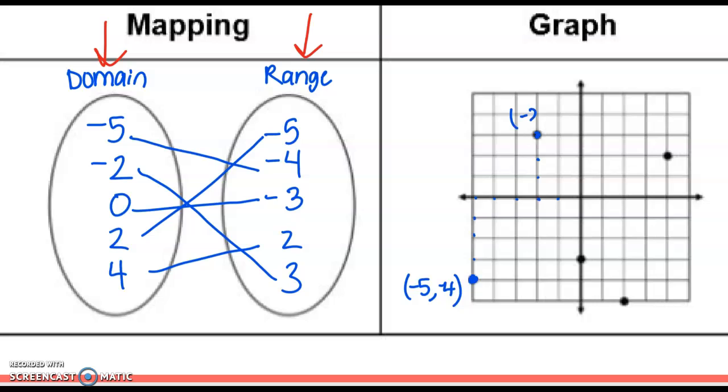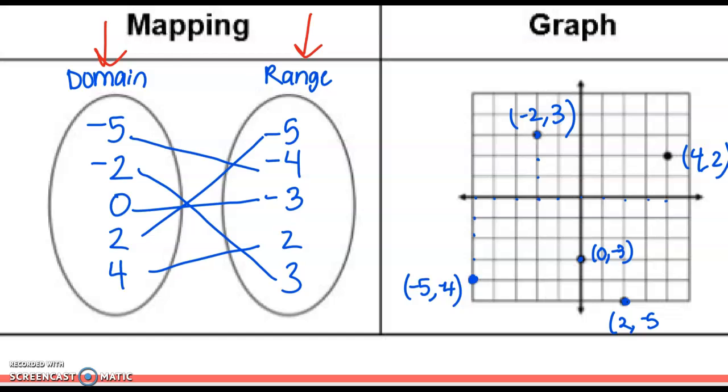That point right there is (-2, 3). (0, -3): so I don't go left or right, but I go down 3. (2, -5): right 1, 2, and then down 5. It's right there. And then (4, 2): so right 1, 2, 3, 4, and up 2. And that's how you graph it.